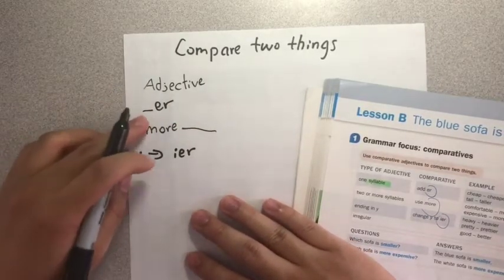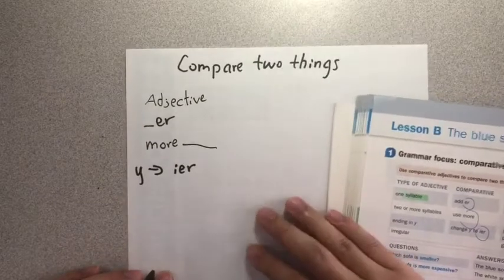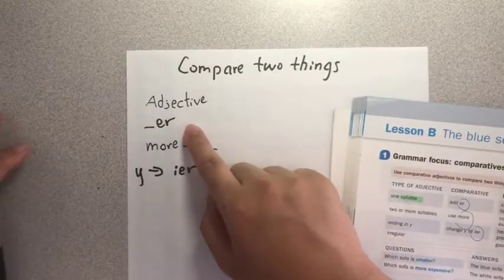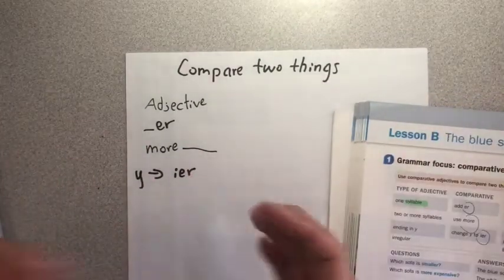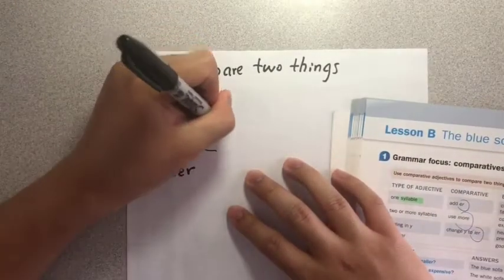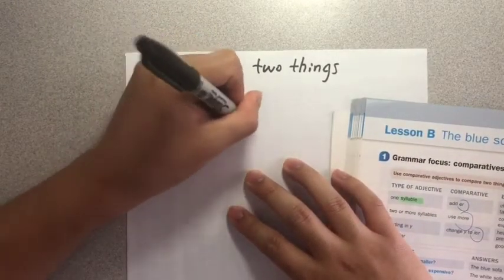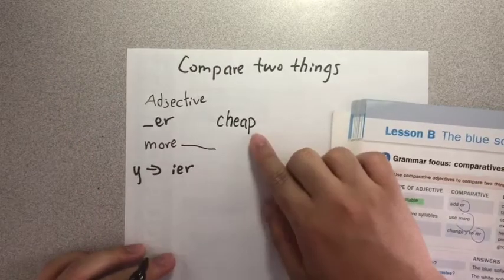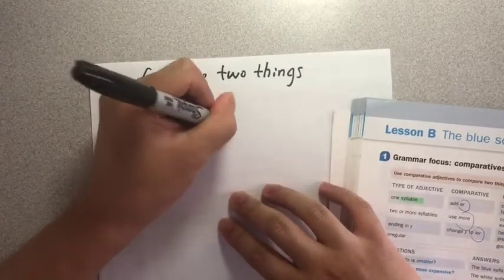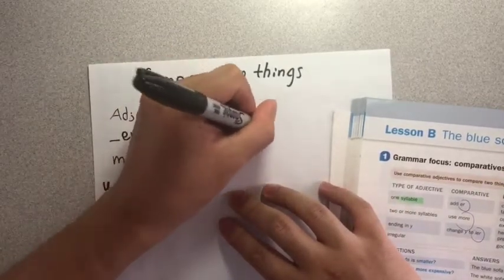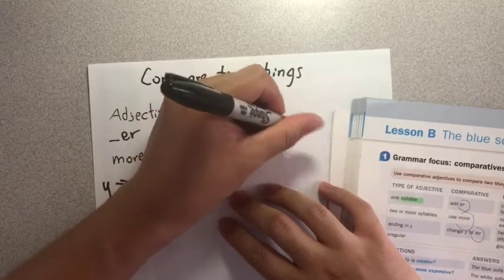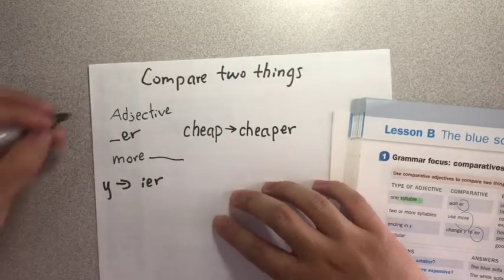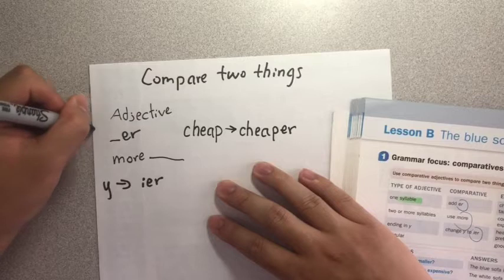All right, so let's do the ER first. Adjectives with 1 sound, 1 syllable, like the word cheap. Cheap becomes cheaper. Okay, 1 syllable.